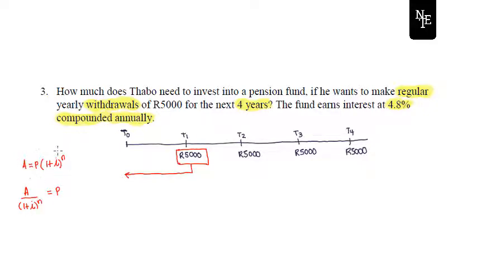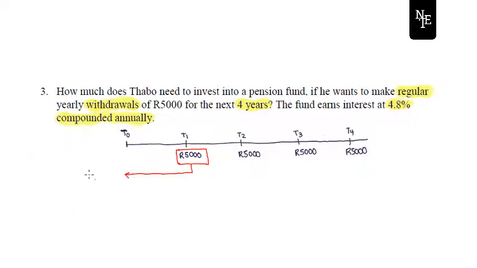So you can see that if you solve this equation for P, then the amount that you need to accumulate to, you need to divide it by 1 plus i to the exponent of n. We can do that for each and every one of these 5,000 rands.